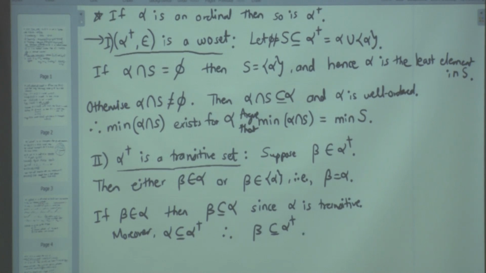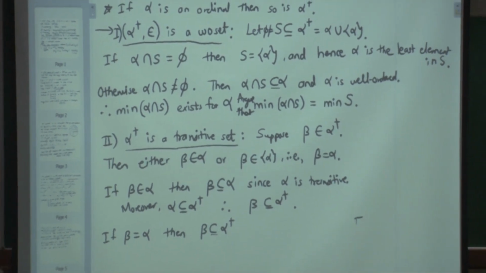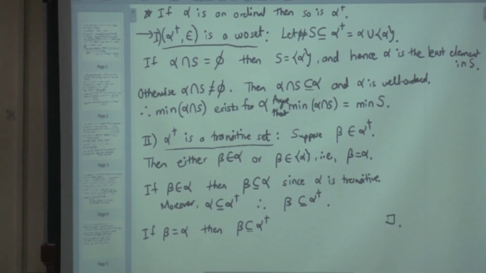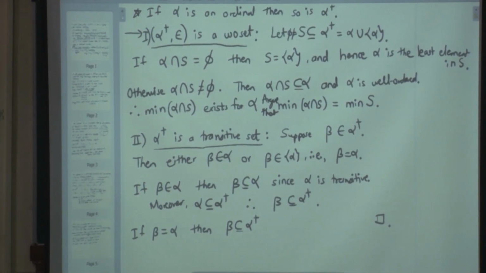That's what we needed. Now if beta is equal to alpha, then beta is automatically a subset of alpha plus. So we are done. The proof is complete. So what did we show so far? That successors of ordinals are again ordinals.